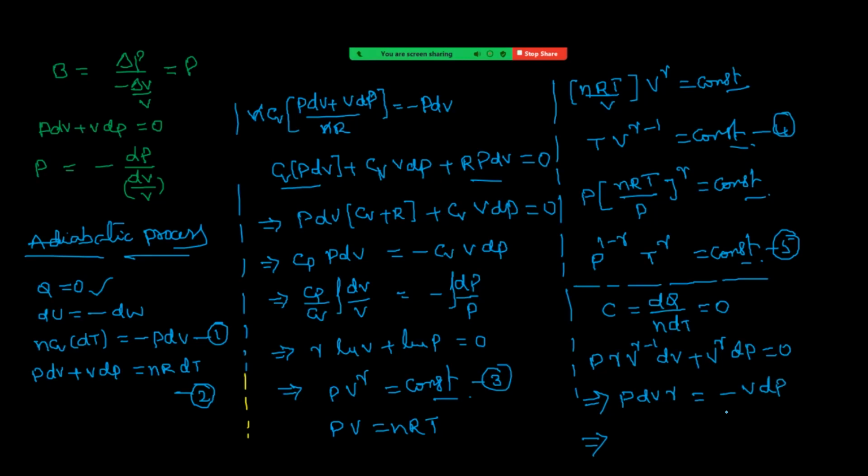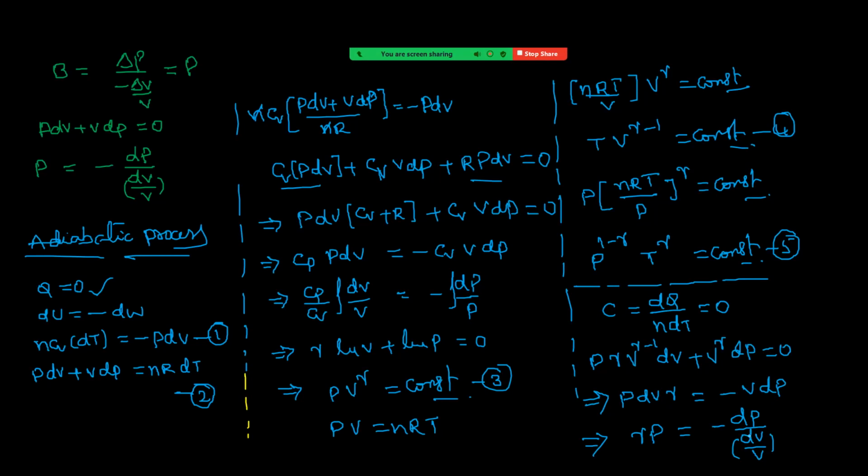See from this what we get: gamma P is equal to minus dP by dV by V. Check it once: dP into V by dV.